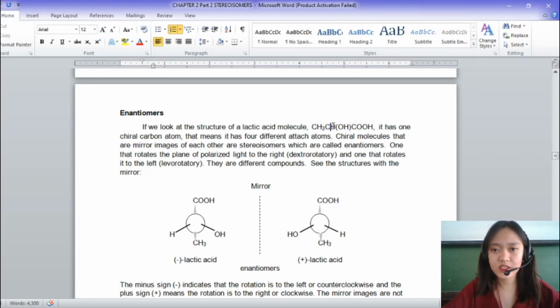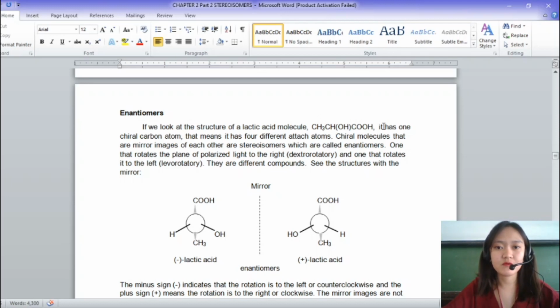So, you have the hydrogen, you have the methyl, CH3, and then you have the OH, hydroxyl, and lastly, the carboxylic group, COOH. So, the chiral carbon atom is the second carbon atom. Okay, so that is the formula for the lactic acid molecule. It has 1 chiral carbon atom.